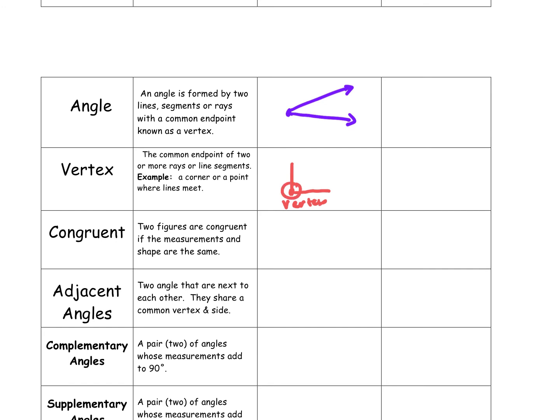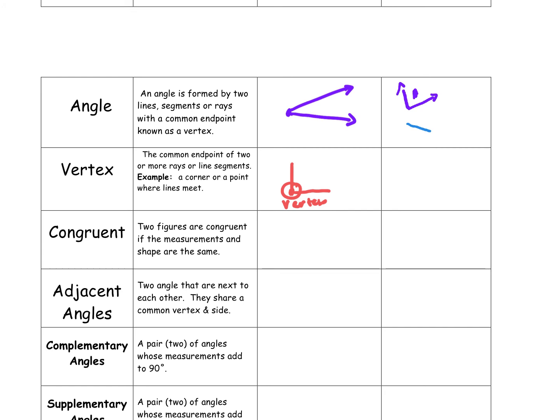So let's go back to our angle. The way that we name angles, or we list them, for instance, if I made an angle, again, how far they open we'll talk about later. But if I wanted to, I could call this angle 1. Sometimes inside we put a number. Another way to notate an angle would be just to call it by the vertex.